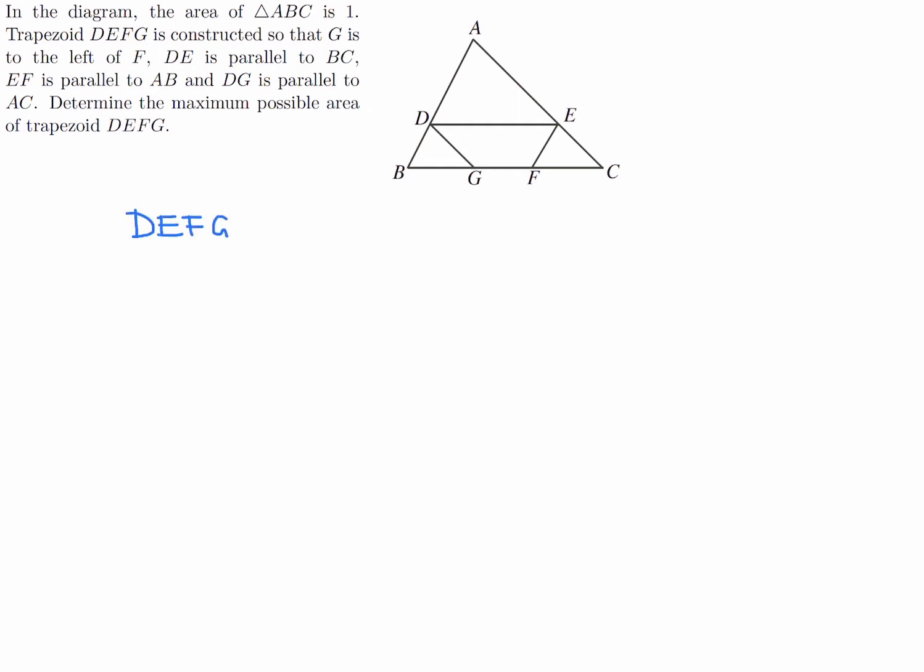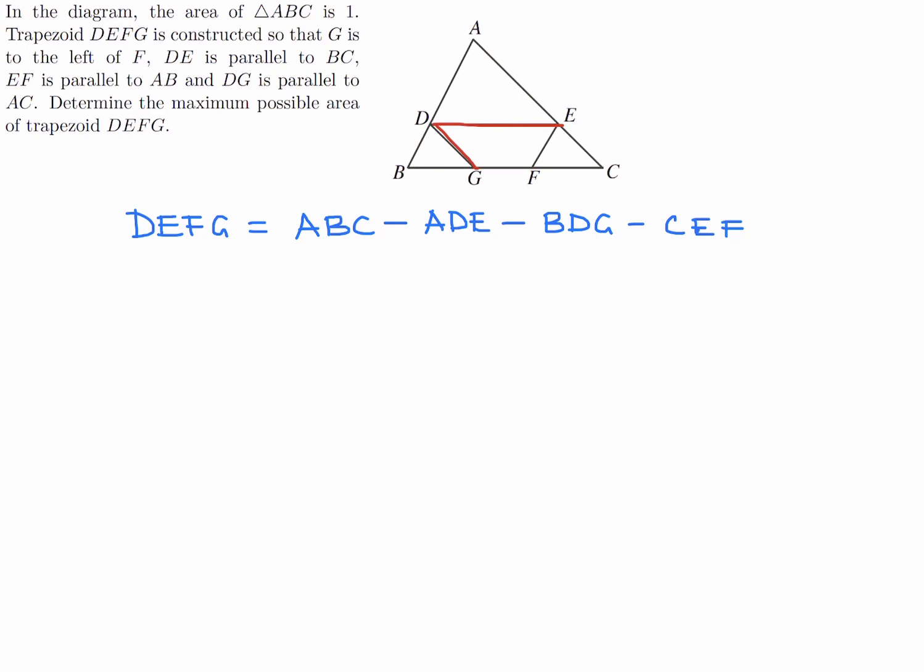DEFG, if I were to figure out the area, is the triangle ABC, subtract from that triangle ADE, and subtract from that triangle BDG, and subtract from that triangle CEF. So I'll explain that. This is what I want, that trapezoid.